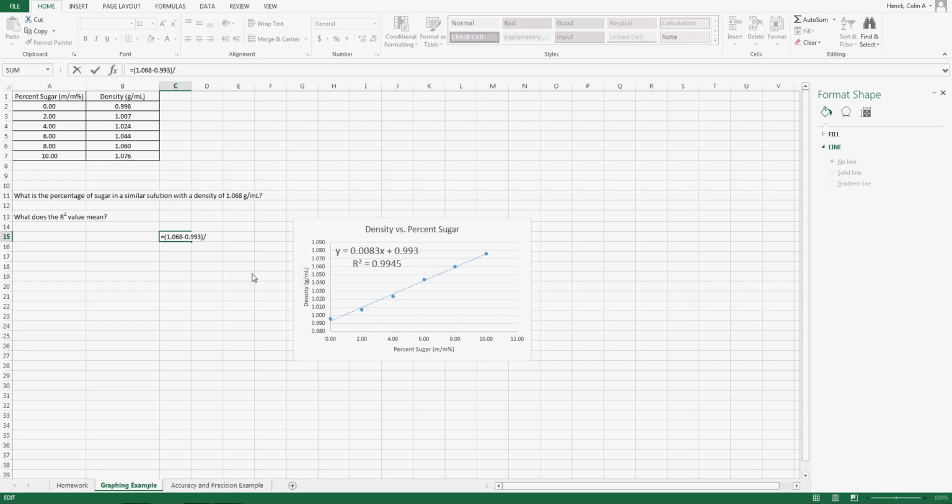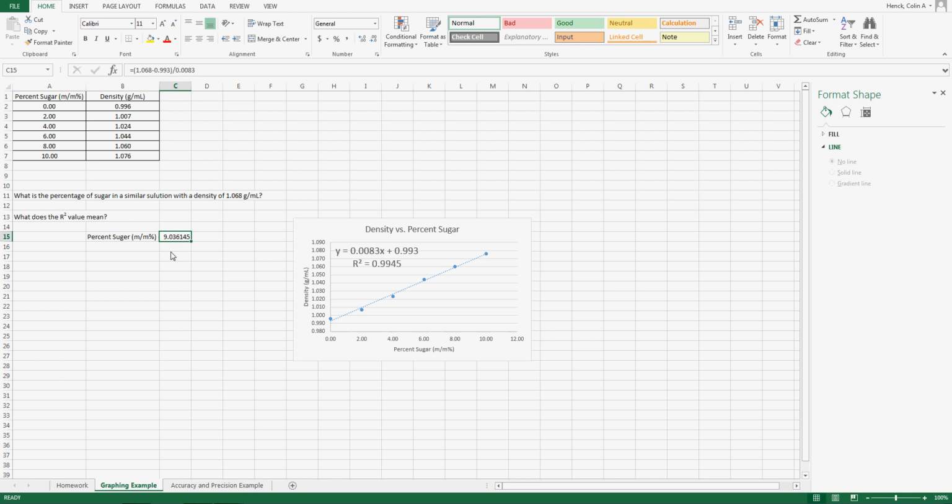So we divide this by 0.0083. And this number is the percent of sugar, m over m percent, of this unknown. So this is the mass percent of the unknown.